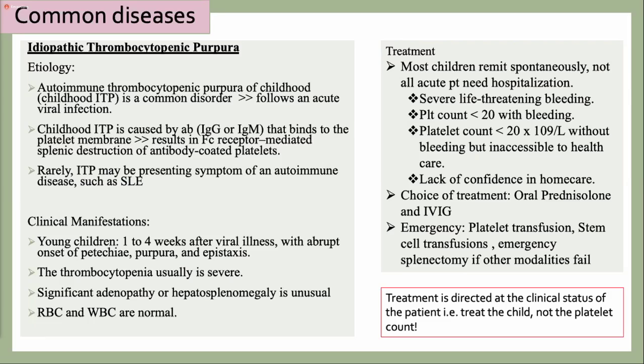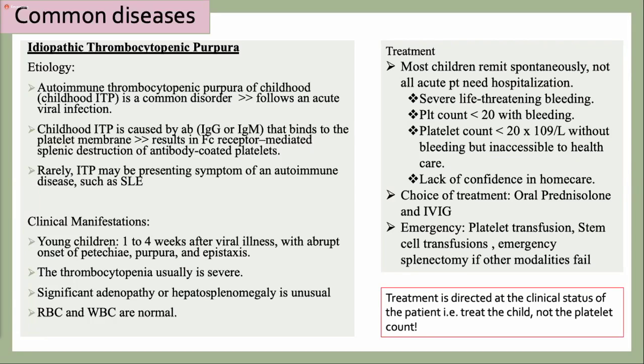In terms of emergency treatment, we can consider platelet transfusion in very severe cases and also stem cell transfusion. However, if other modalities fail, we need to refer to the surgeon for emergency splenectomy. But keep in mind, the treatment is directed at the clinical status of the patient and not the platelet count. So if the patient appears well and not toxic looking, we just monitor the patient.